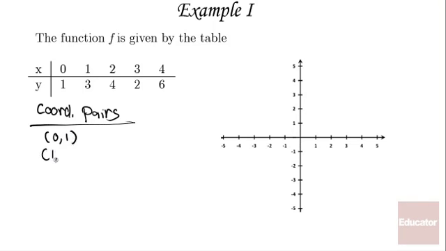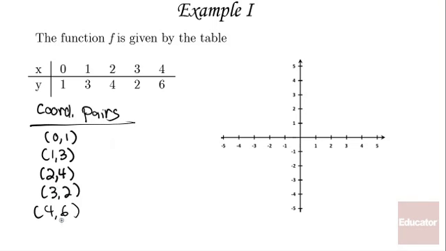My second is 1, 3. And then I have 2, 4, 3, 2, and 4, 6.